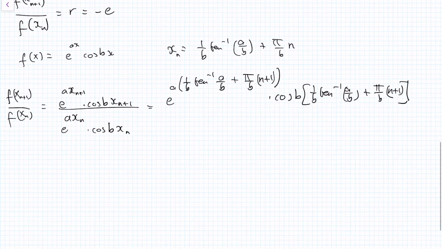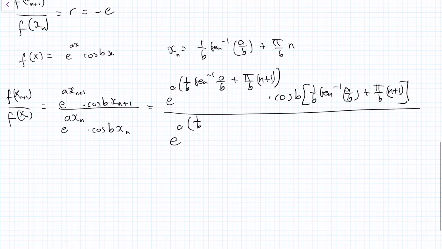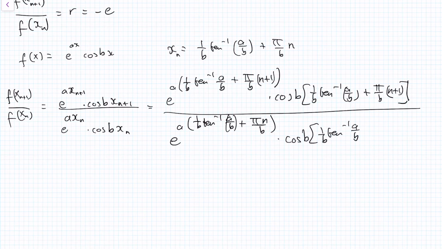And we want to divide this by e to the a times 1 over b tan inverse of a over b plus pi n over b, because this is the nth term, times cos b times 1 over b tan inverse of a over b plus pi over b n.